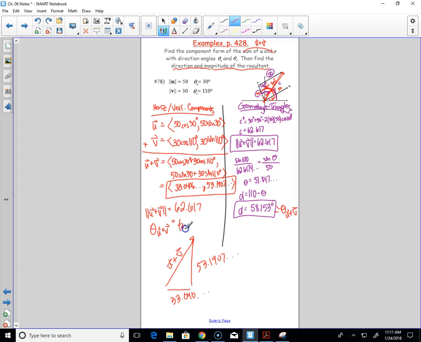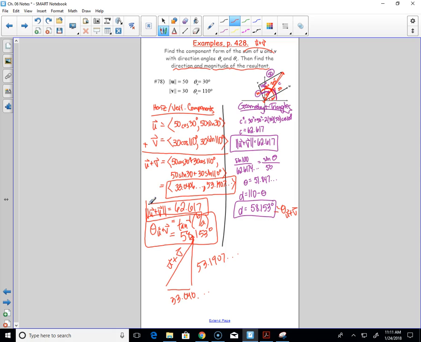Tangent inverse of B over A ends up equaling 58.153. How's that look?